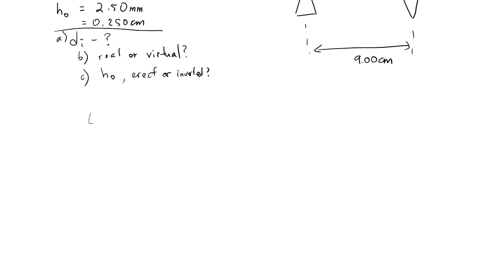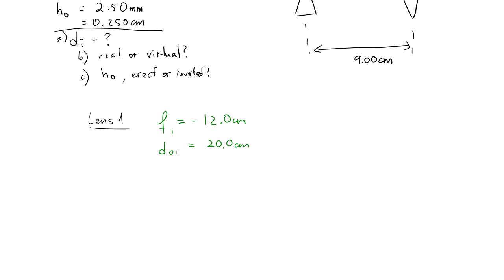Let's just write that down. So lens 1. I'm going to use different colors so we can identify it. For lens 1, the focal length is negative 12 centimeters, and the distance of the object, I'm going to call it do1, is 20 centimeters.